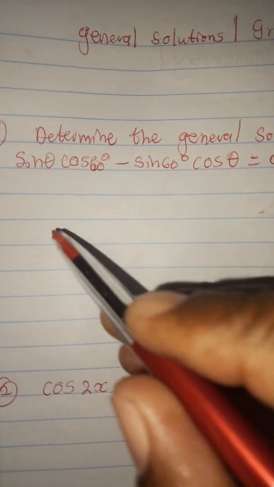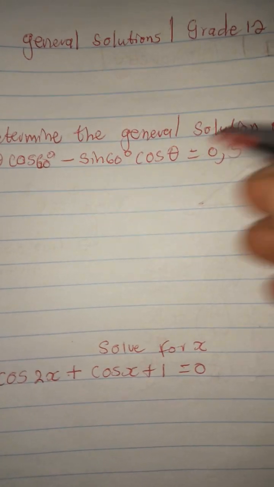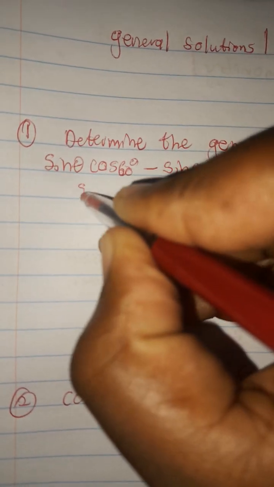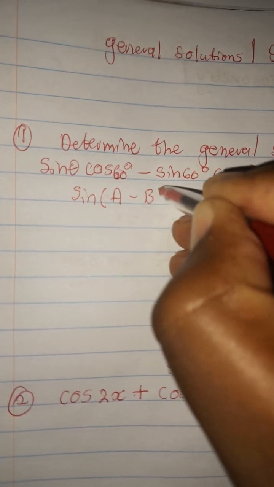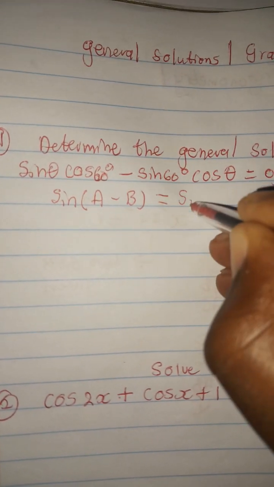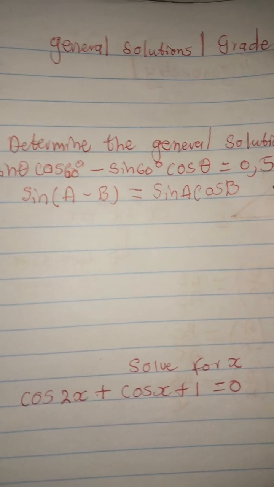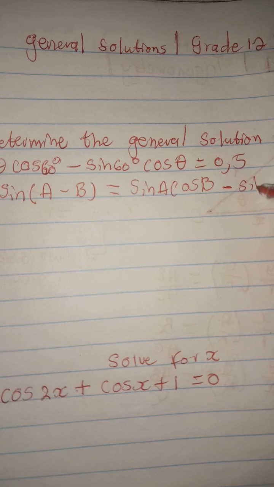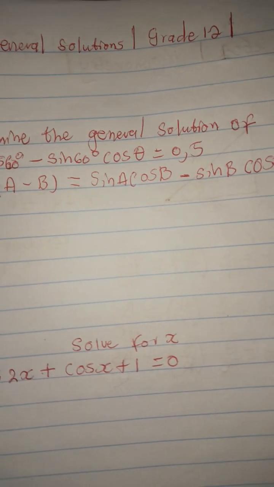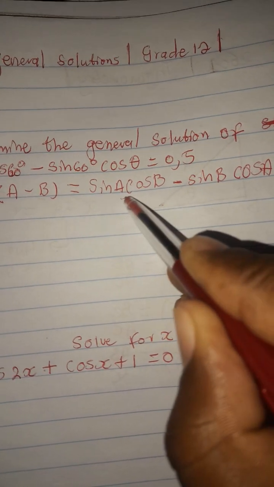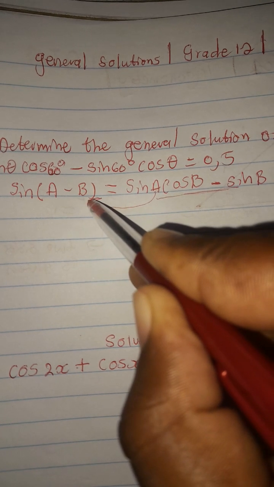So we can see that this is a compound angle of sine. Why? Because it is in the form of sine (A minus B), which is sine A cos B minus sine B cos A. Okay, so if you're given it in this manner, you change it to be in a single trigonometric ratio.